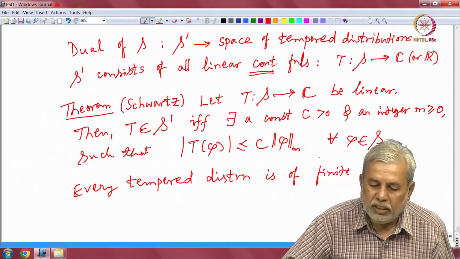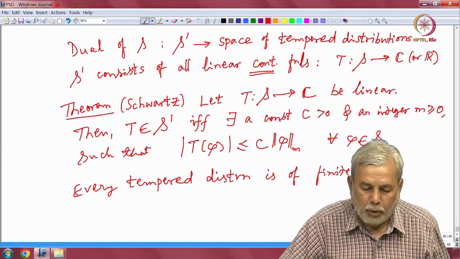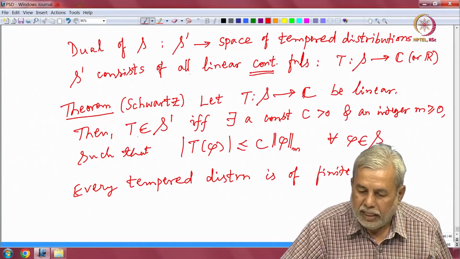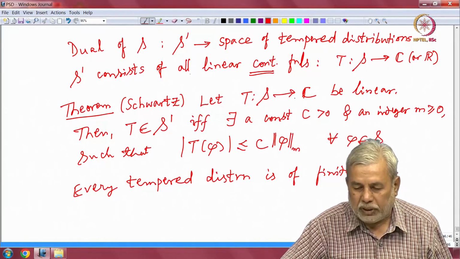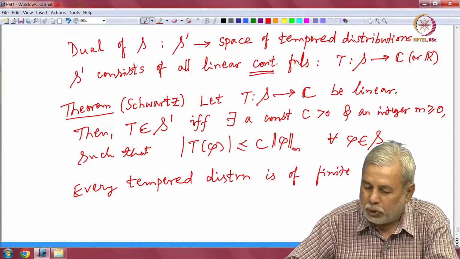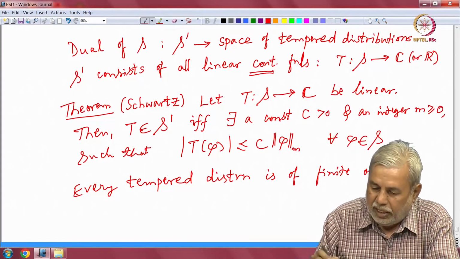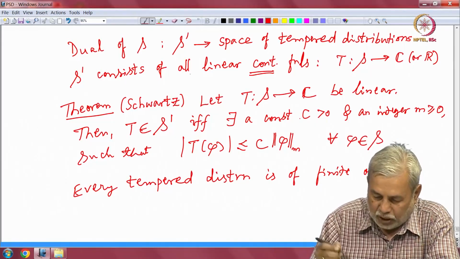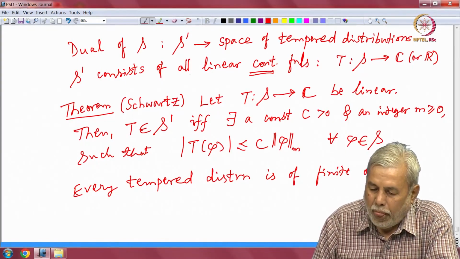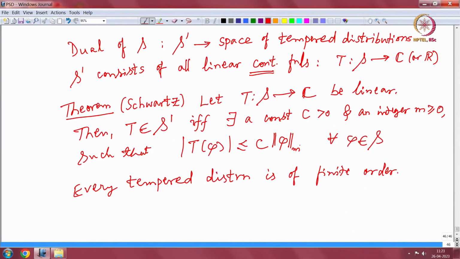This is how you check whether a linear mapping T from S to C is a tempered distribution or not. Of course, M depends on T, and the constant also depends on T. M may become larger and larger, but in any case for every T there is a finite M, that is important.